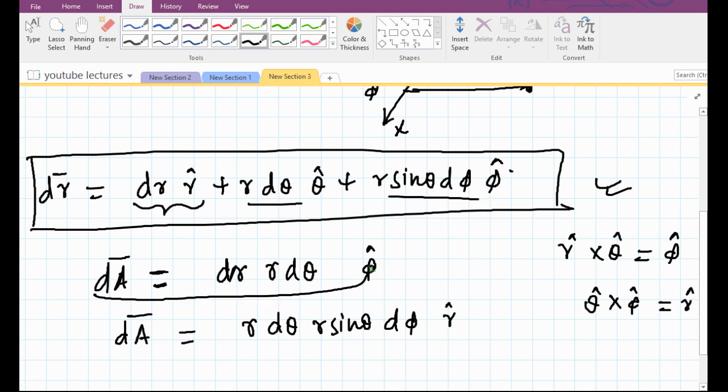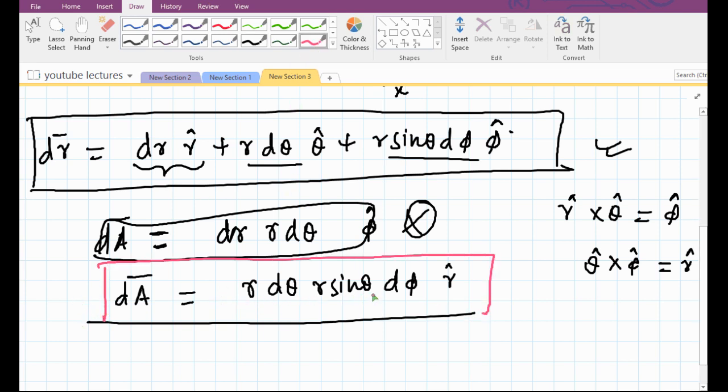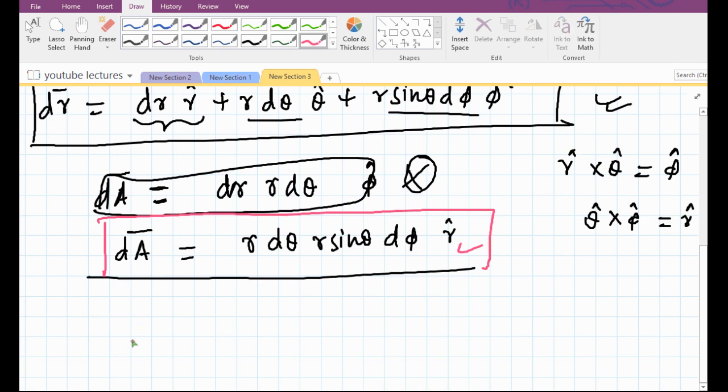So the earlier formula is no longer very useful here. The thing you can use is the area element for this one: dA vector is r d theta r sin theta d phi in the r hat direction.